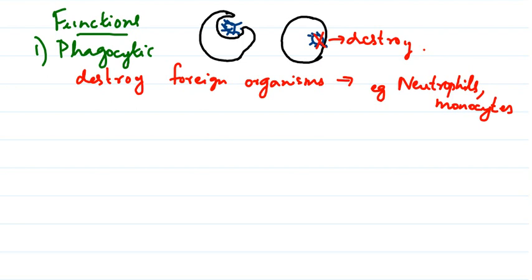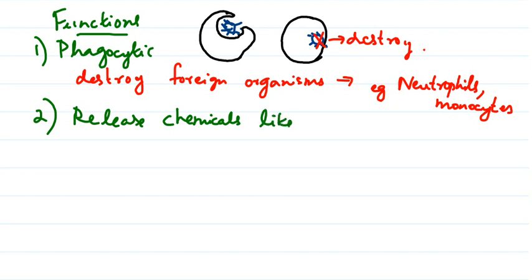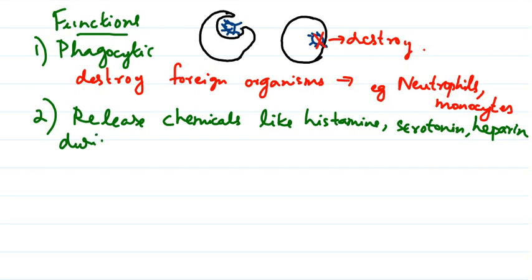The second function, they release some chemicals. These chemicals give a message to the WBCs to attack the germs. Chemicals like histamine, serotonin, heparin are released during inflammation.